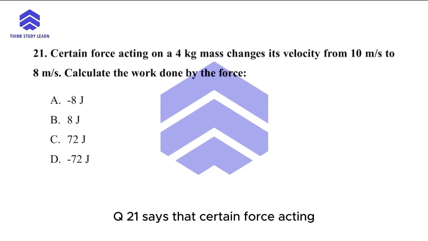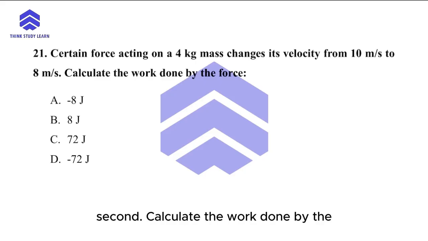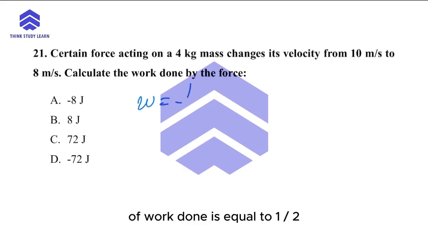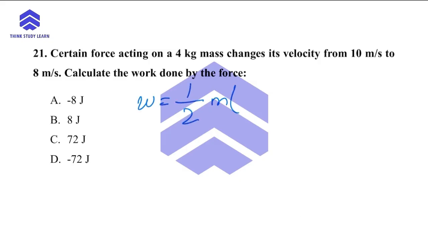Question 21 says that a certain force acting on a 4 kg mass changes its velocity from 10 meter per second to 8 meter per second. Calculate the work done by the force. We know that the formula of work done is equal to 1 over 2 m (Vf square minus Vi square).